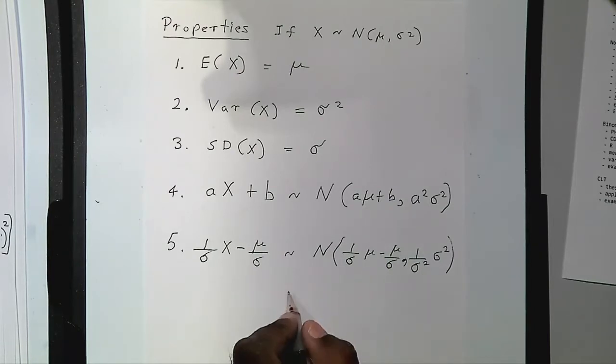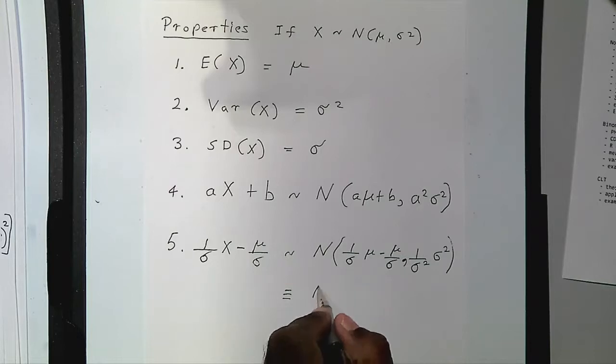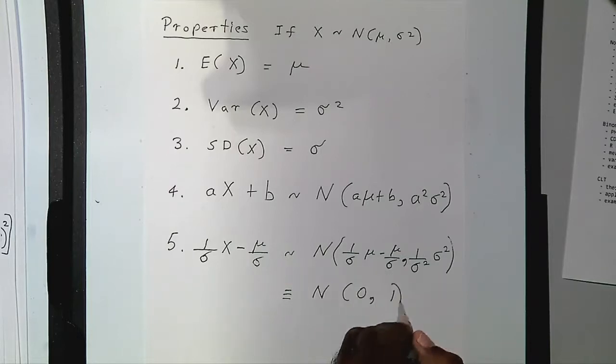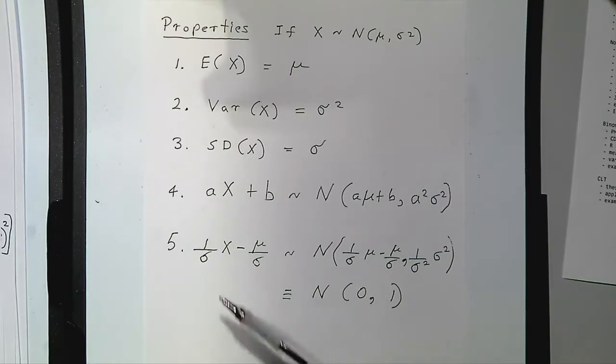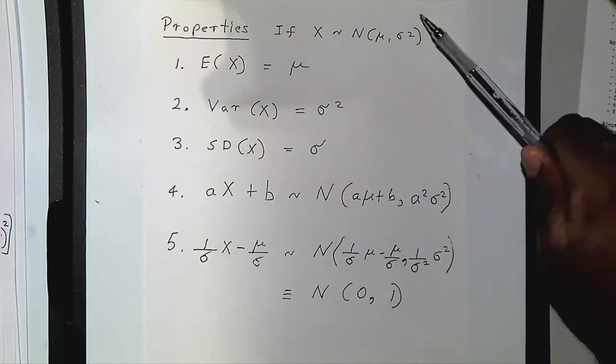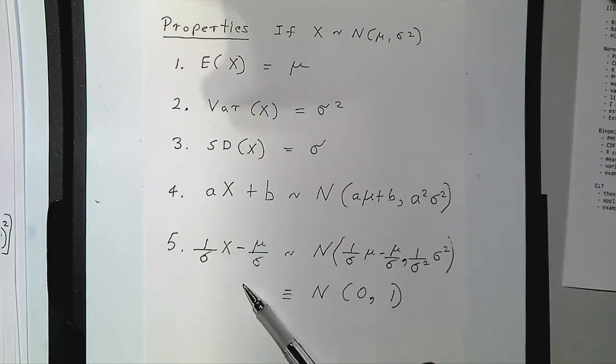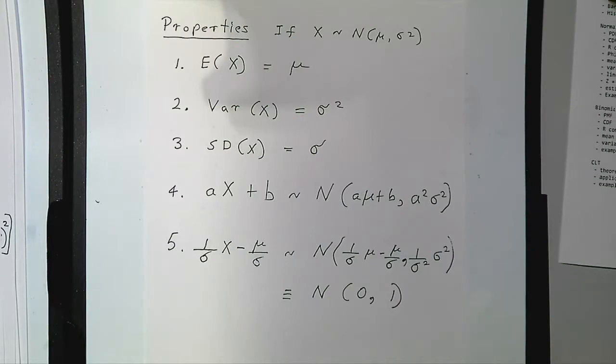Now, what you have here simplifies to 0, and this simplifies to 1. So by using this transformation, if x has this distribution, this transformation produces a distribution that has mean 0 and standard deviation equal to 1, right?